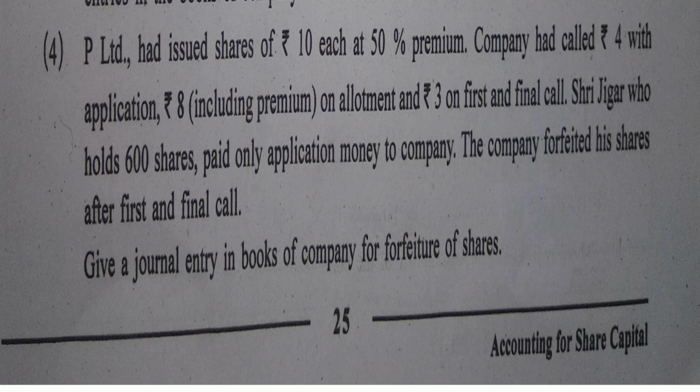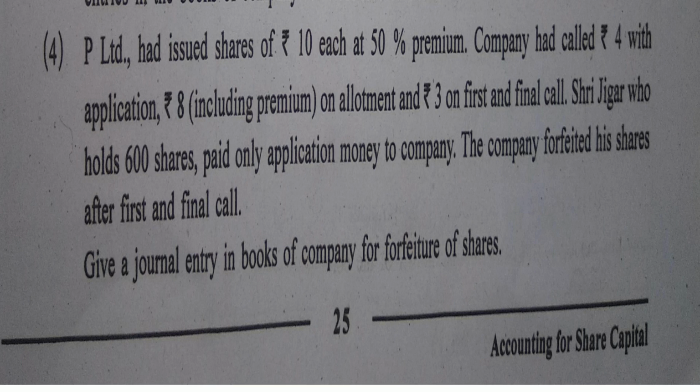Then obviously of allotment it is only 3 rupees. So 4 plus 3, 7 plus 3, 10 rupees. This is the face value. And here 5 rupees is of premium. Alright. Now further, Shri Jigar, who holds 600 shares, paid only application money to the company.